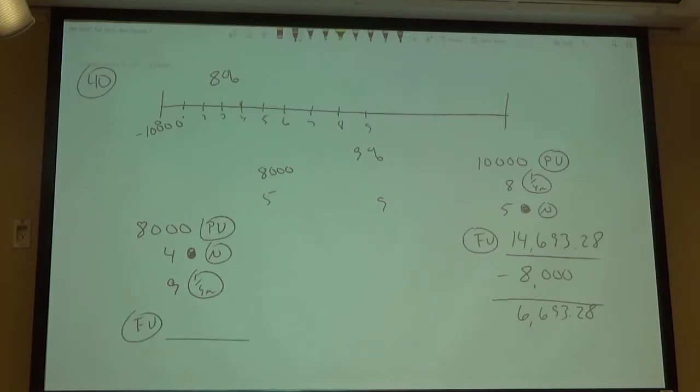We're going to find the future value for that, and then we're going to have the 6,693.28 invested for 4 more years at the 8%. Solve for future value for that, add those two together, and then we've got our answer.